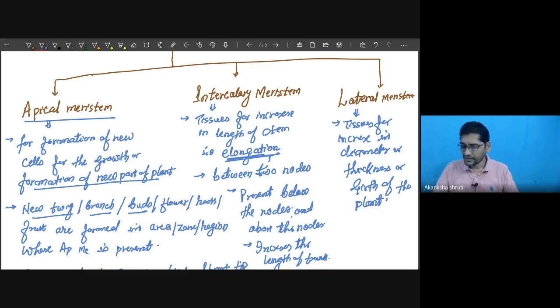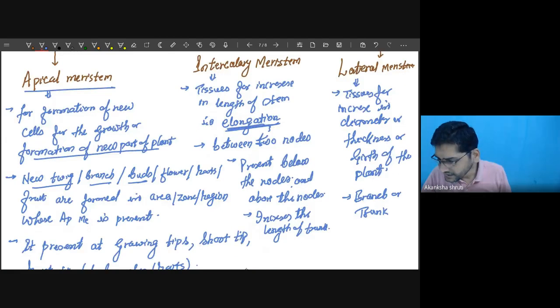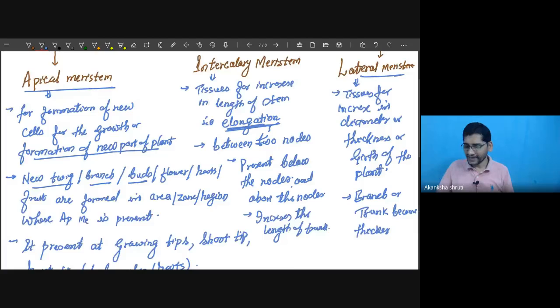Okay, so the branch or trunk becomes thicker. Why? Due to this lateral meristem.